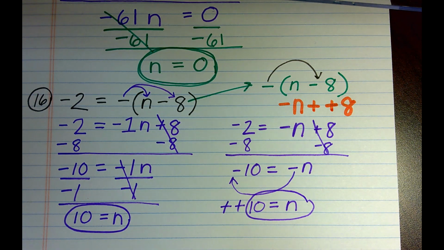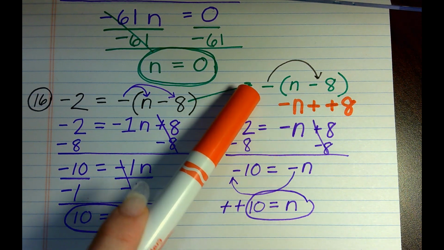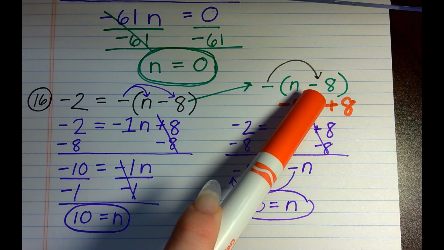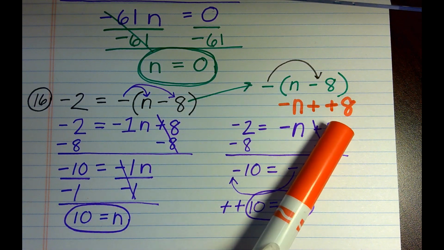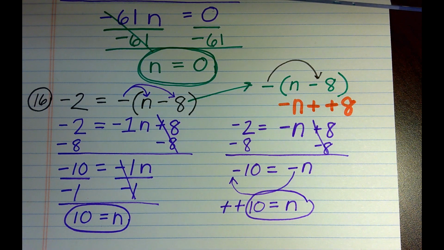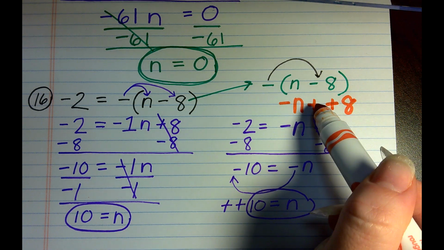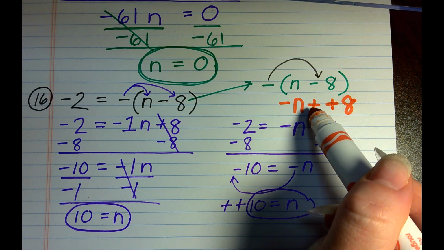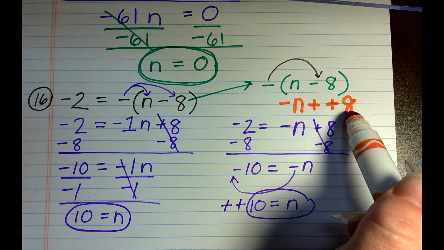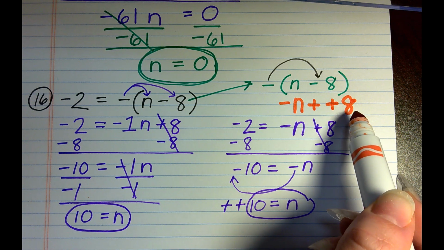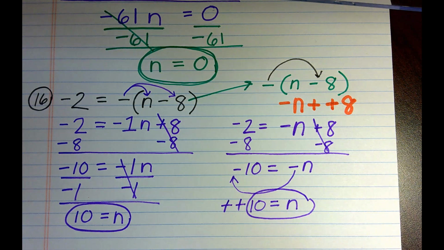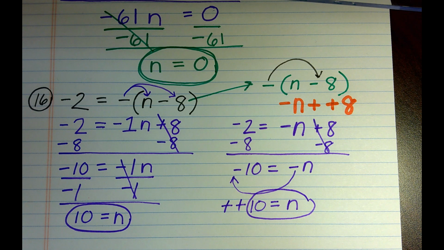They cancel each other out. So a negative times a negative, if you want to think of it that way, gives us a positive. If you want to think of it in the bringing down the minus sign and then using negative 8, minus negative 8 is the same thing as plus 8. So there's two different ways to think of it. Does that help clarify? Okay, then.